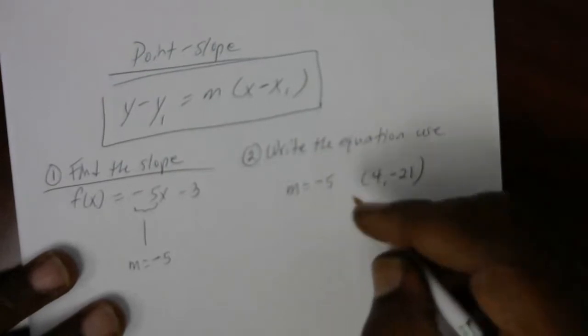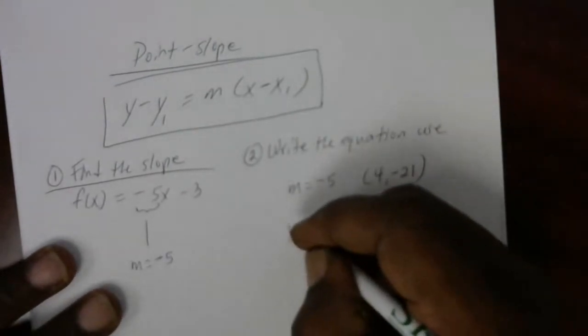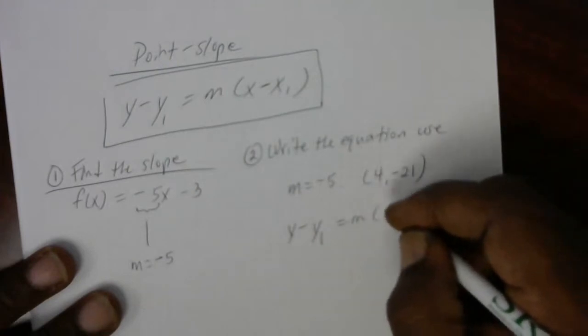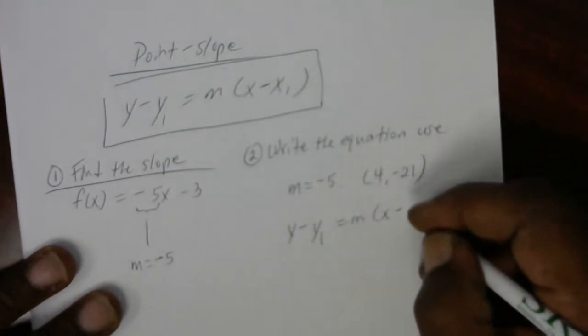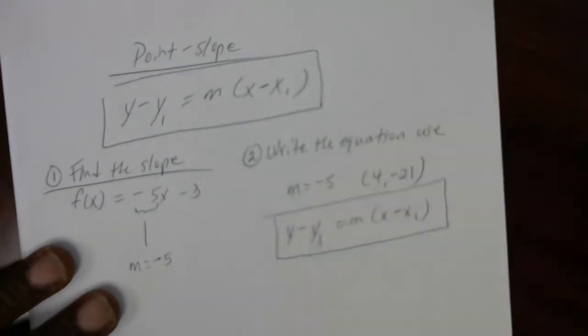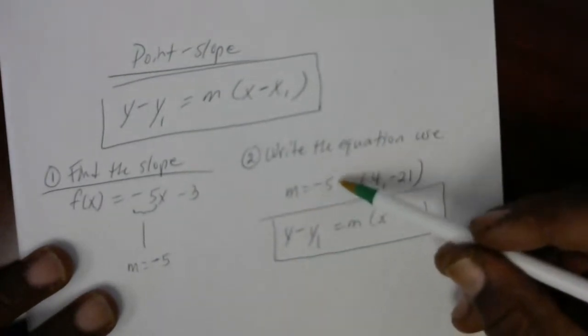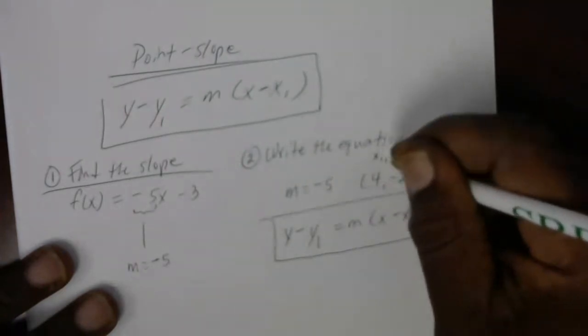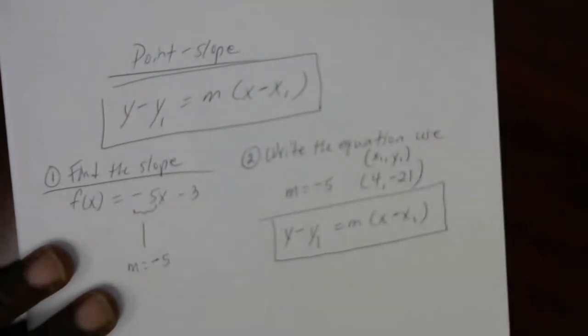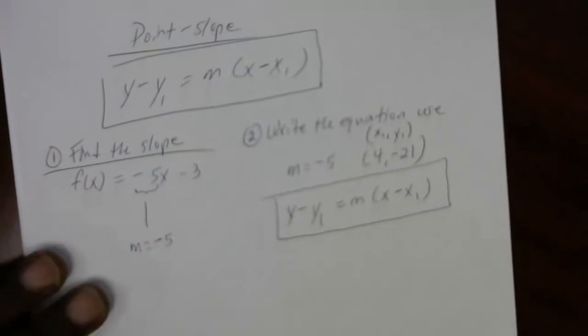So we're going to use point slope form. So we have m is -5, we have x1 as 4, and we have y sub 1 as -21.